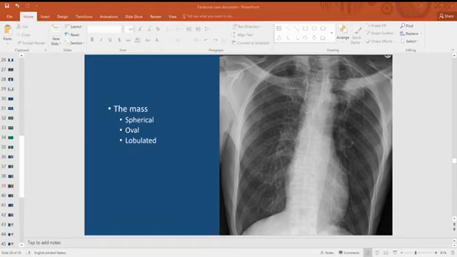The next question is: are there any strands around the periphery of the mass, or is it smooth? So the mass is either smooth or irregular. Please vote.